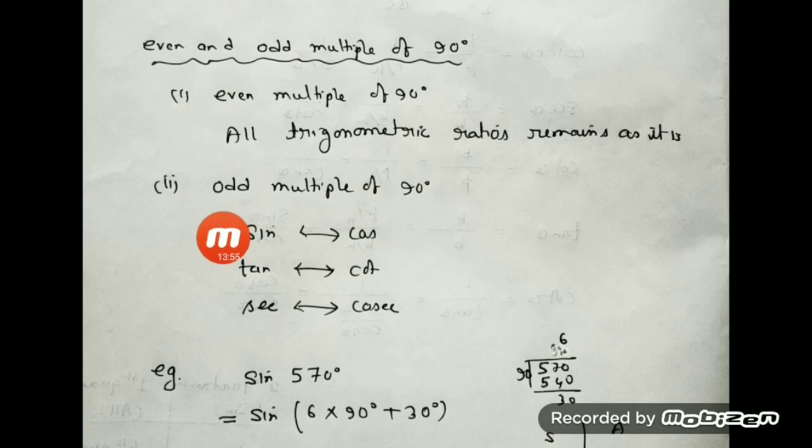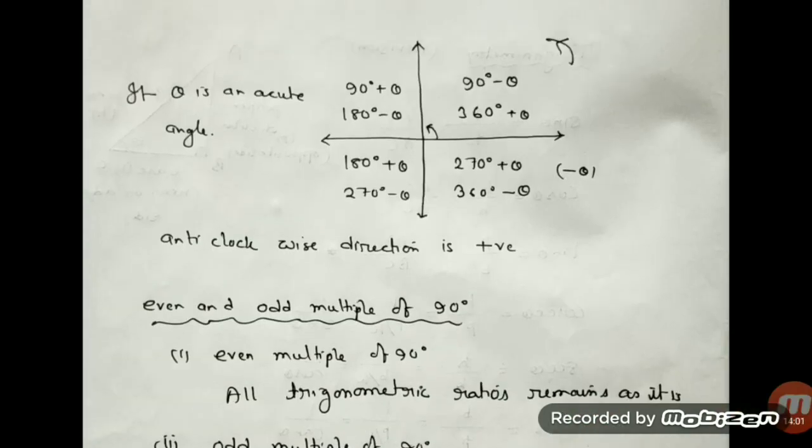But if it's an odd multiple of 90 degree, for example, here this is suppose 270 minus theta. 270 degree minus theta is what? 3 into 90 minus theta. Or here 3 into 90 plus theta. That means it can be written sometimes as an odd multiple of 90 degree plus or minus theta.